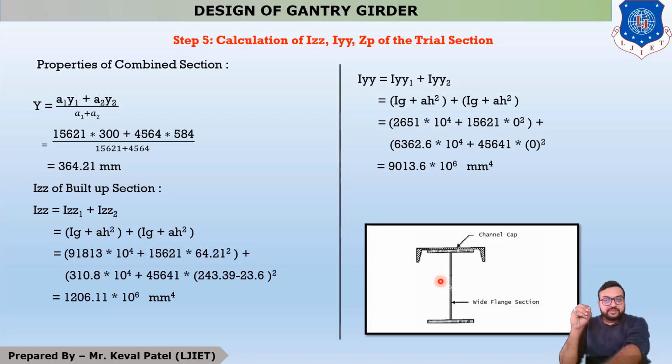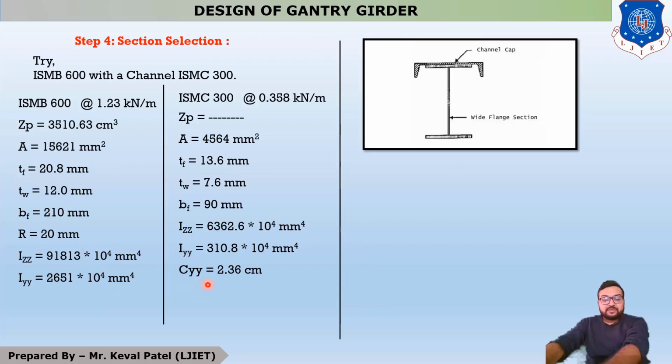From 607.6 mm you have to subtract 23.6 mm, because in the steel table it is clearly mentioned that the CG of this C section is over here, at a distance of 23.6 mm.